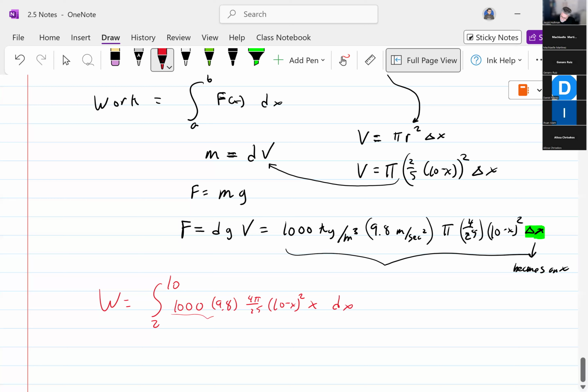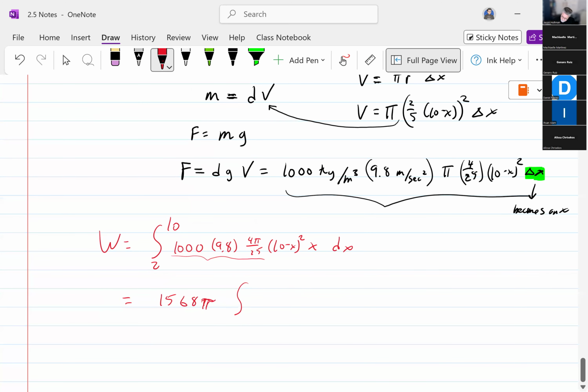Okay, let's reconcile some of these constants here. If we were to multiply that all together, I would end up with 1568 pi. So this equals 1568 pi times the integral from 2 to 10 of (10 minus x) squared times x.